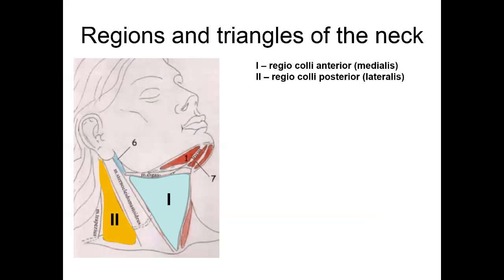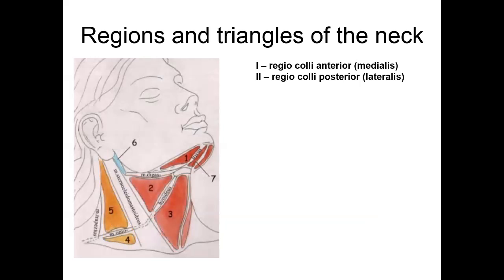So I'd like to ask you what muscle divides these two regions. Here it is. It's musculus sternocleidomastoideus. It divides the neck into two large regions.